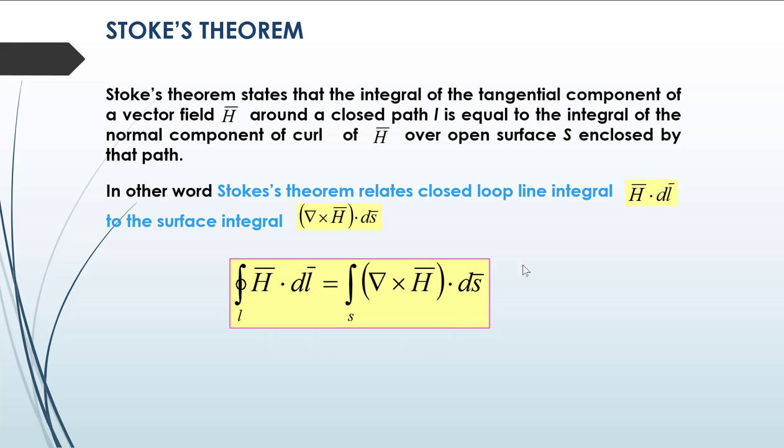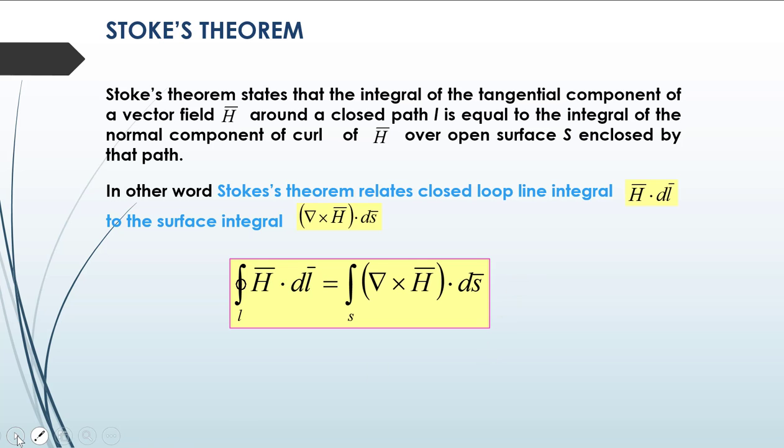In equation form, it is given as the closed line integration of H bar dot dl bar, that is the circulation of H along the closed path L, is equal to the surface integration of del cross H, or curl of H, over the surface ds bar. So this is the equation in integral form, again one of the equations for Maxwell's chapter.